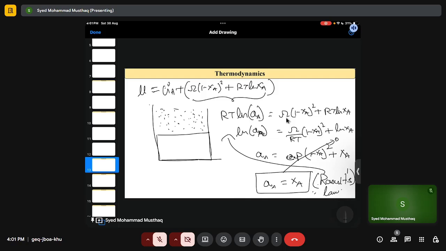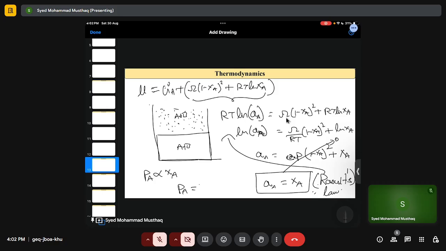So let's say again 2 components. The partial pressure of any component on the solution is proportional to the mole fraction of A in that solution. That's what Raoult's formula is. And to remove the proportionality constant, we put total pressure.